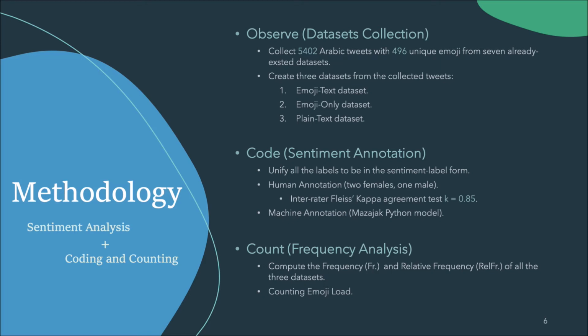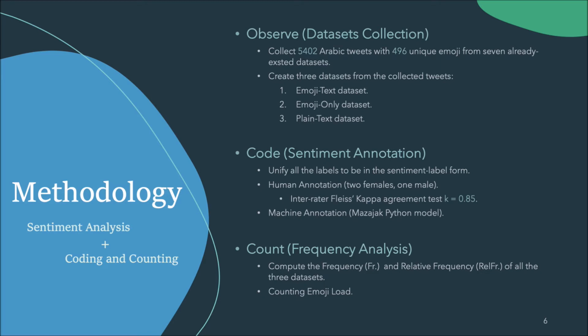In the counting phase, to understand how each emoji is associated with each sentiment class, we undertook a frequency analysis of the text emoji association. This identifies the frequency with which each emoji is associated with human annotated text labeled as negative, neutral, and positive.